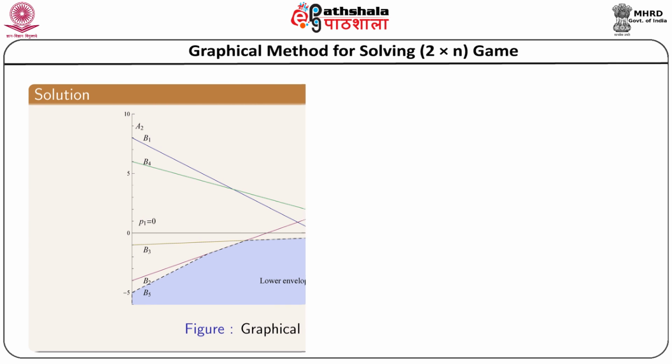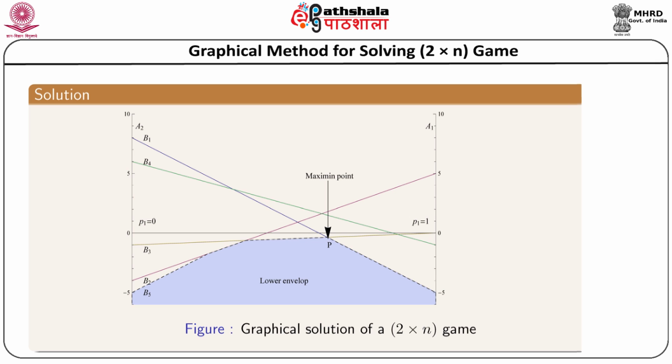Now, we consider two vertical lines unit distance apart. This line indicates A's pure strategy A1, and this line indicates A's pure strategy A2, and the line segments are the expected payoffs when player B takes one of his 5 pure strategies.